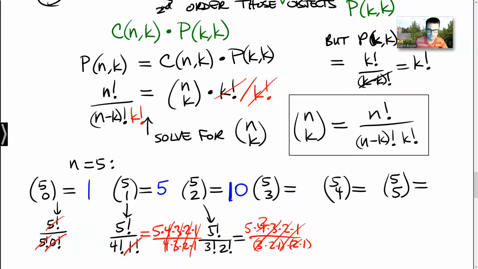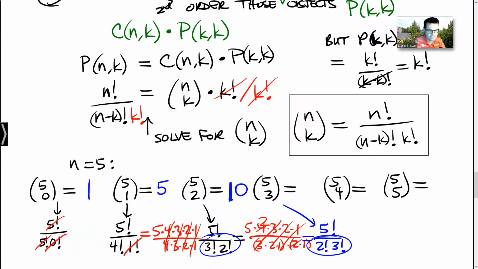Okay, now I claim that we've calculated everything we need to calculate because 5 choose 3 is going to be 5 factorial over 5 minus 3 factorial, which would be 2 factorial times 3 factorial, which is really just the same as this, right? 2 factorial times 3 factorial is the same as 3 factorial times 2 factorial.